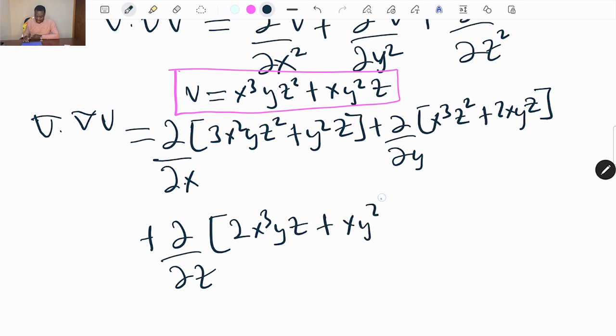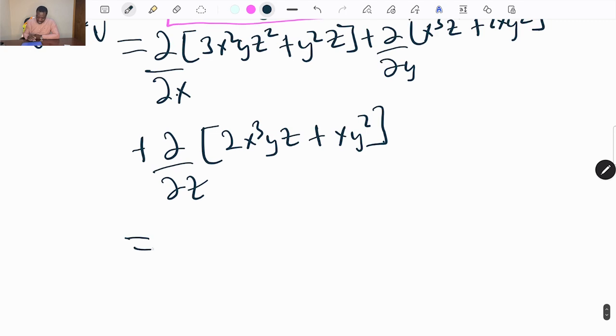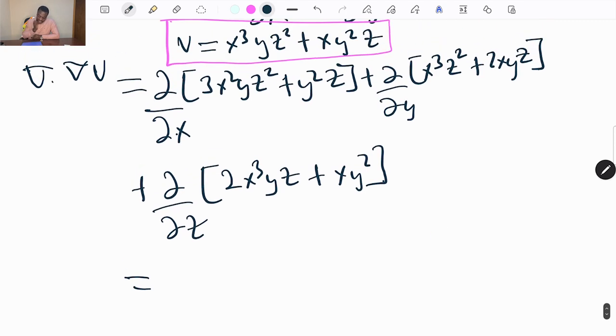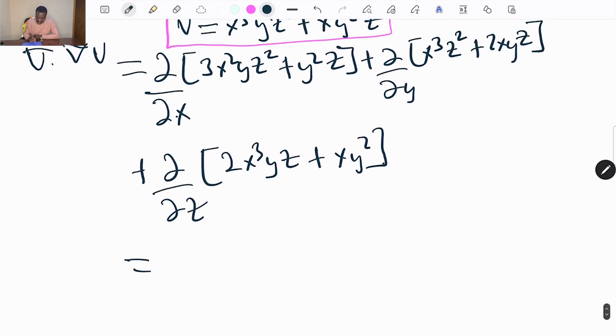Now we do the last derivative with respect to x. This will become 6xyz squared, plus, here there's no x there, so we get 0. Now moving to the next one, we differentiate with respect to y. You can see here I don't have y, so this will just be 0. So we have here 2xz.